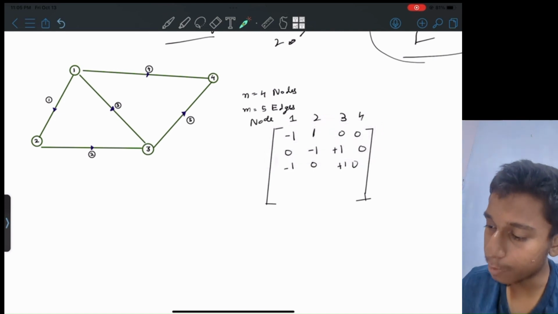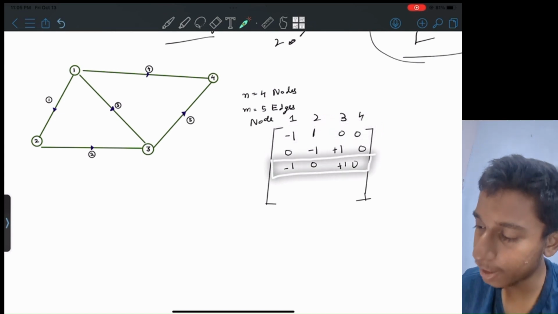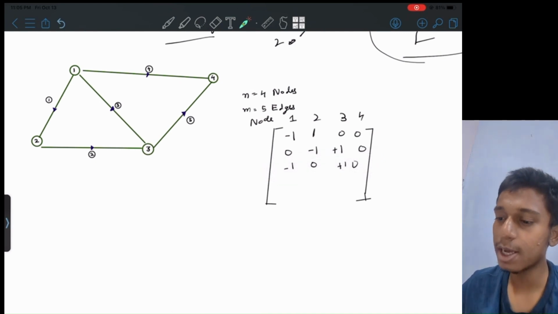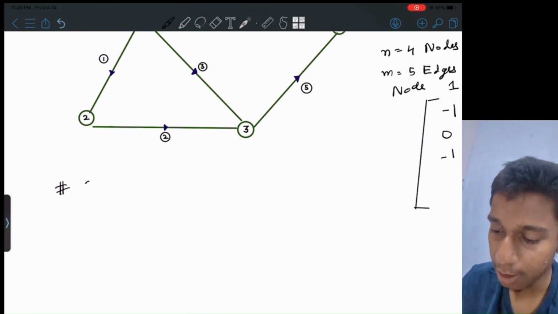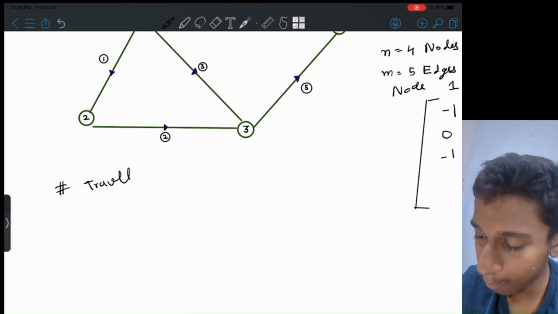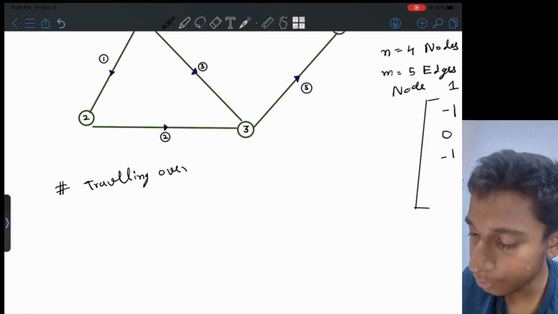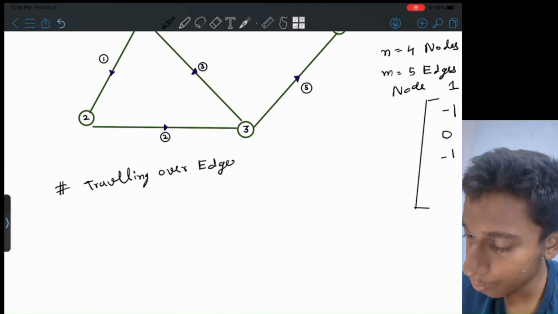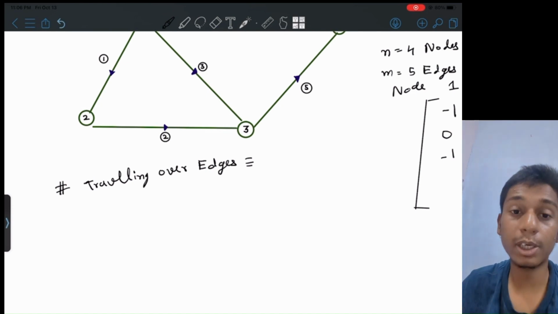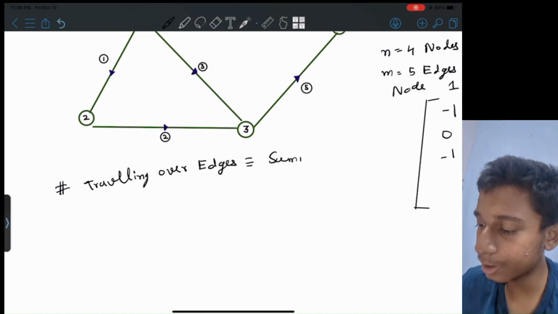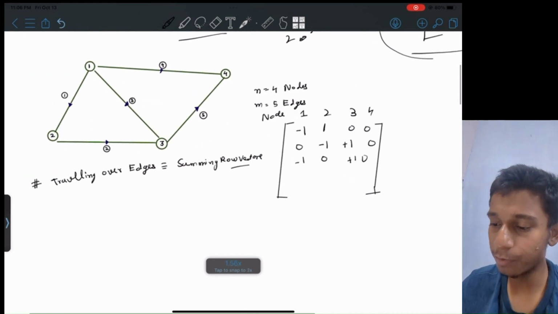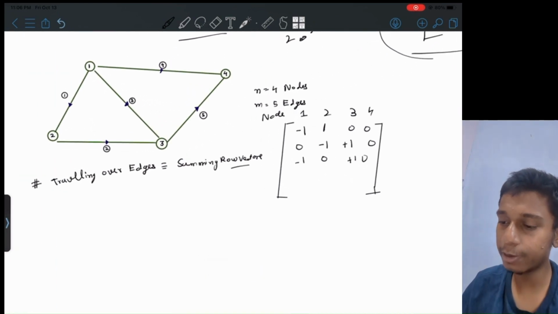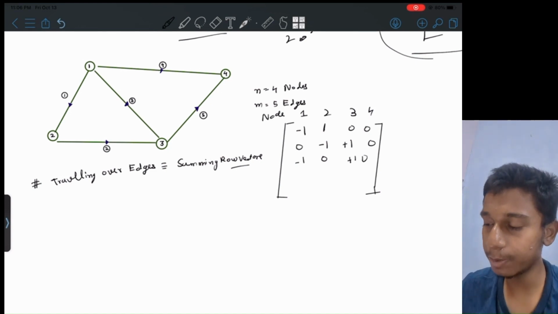If you sum up these rows, you will find that the result is exactly the same as row 3, and hence we can draw one very important conclusion: traveling over a path, or traveling over edges, is the same as summing the row vectors, because via the sum we get the path that is traveled over multiple edges.